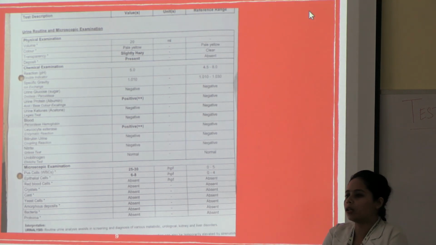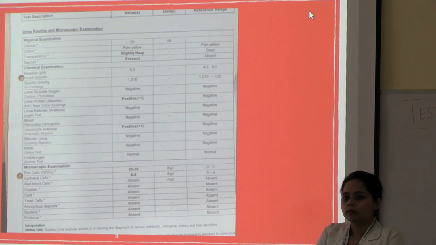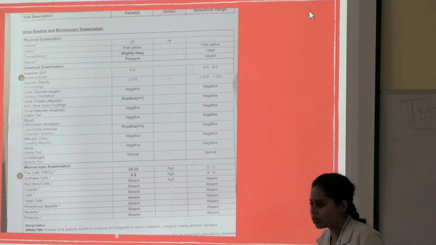Negative means normal only. Try to find the abnormality. What is urine ketone, positive or negative? Negative. Negative means leave it. Come down, see the microscopic examination.